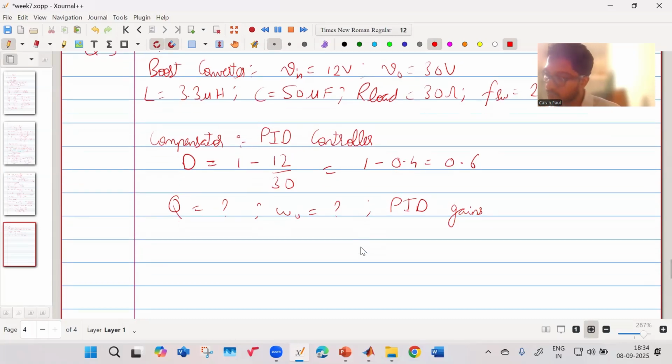What is the formula for Q for a boost converter? Let us go with omega naught first. What is the formula of omega naught for a boost converter? 1 minus d by root LC. So what is that value?